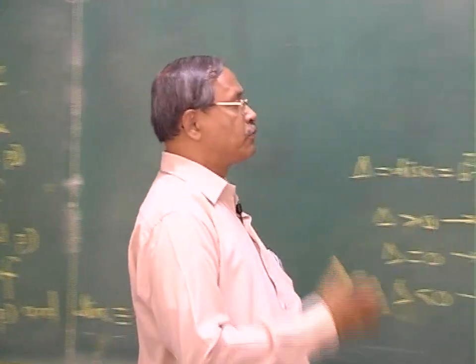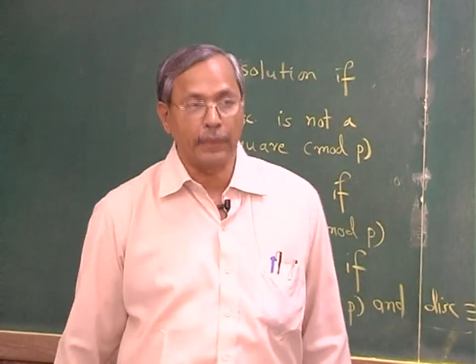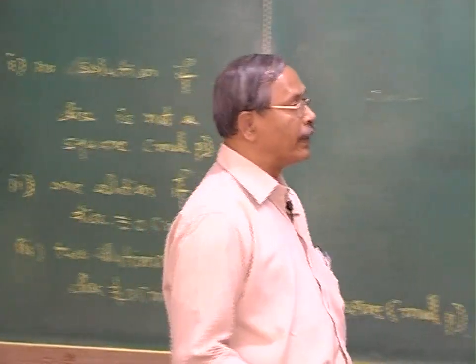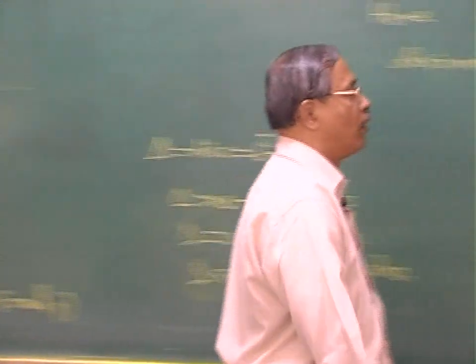So the problem of solving a quadratic equation mod p is reduced to deciding whether an integer is a square mod p or not.